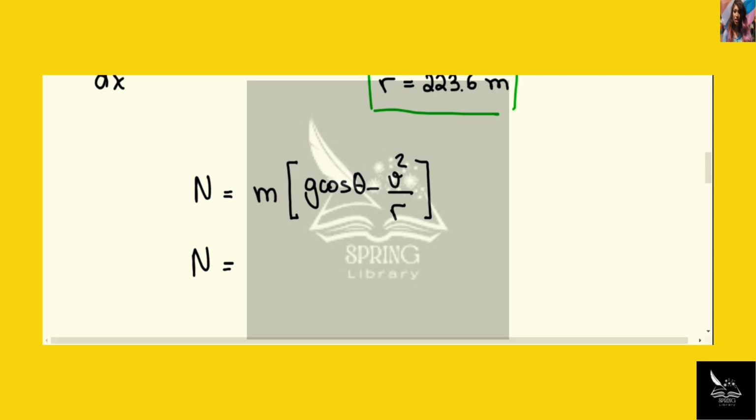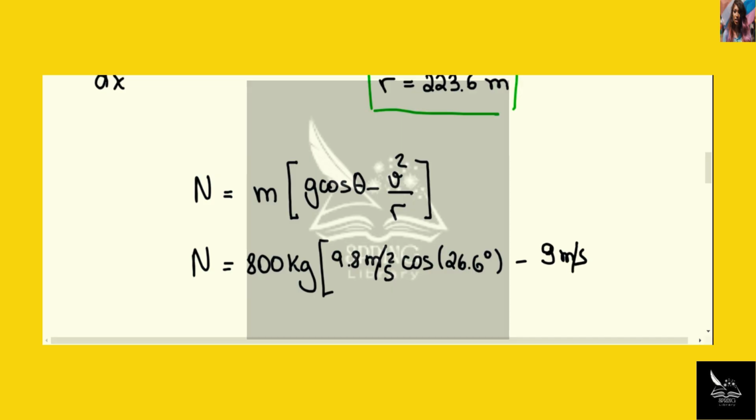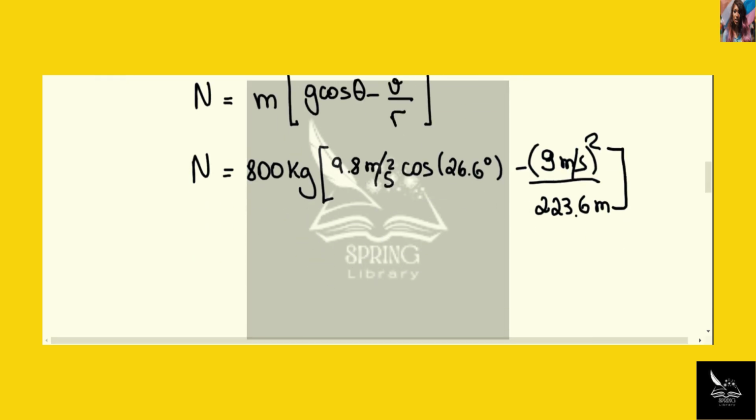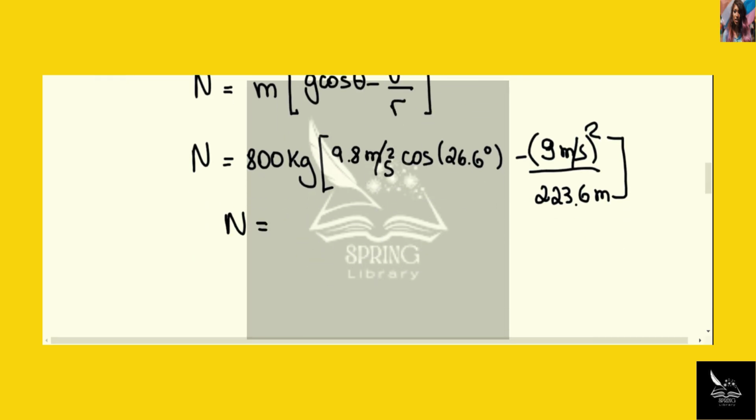So we have that m is equal to 800 kilograms, g is 9.8 meters per second squared times the cosine of 26.6 degrees minus v squared, so that is 9 meters per second squared, divided by the radius of curvature, which, as we found, is 223.6 meters. So n is equal to 6.72 kilonewtons.